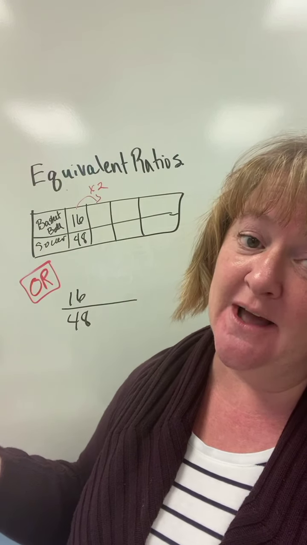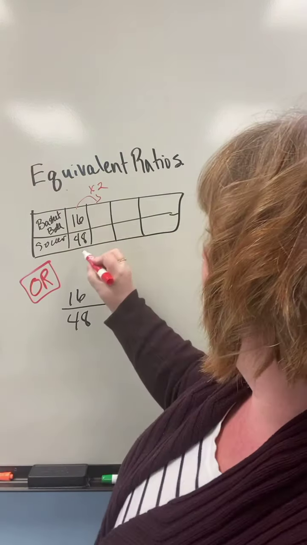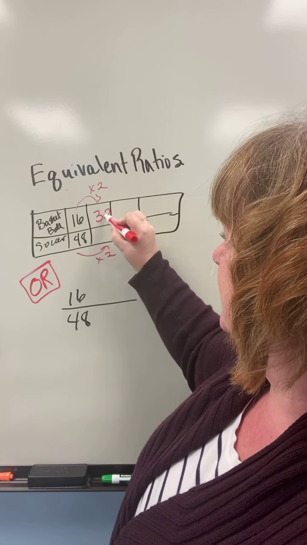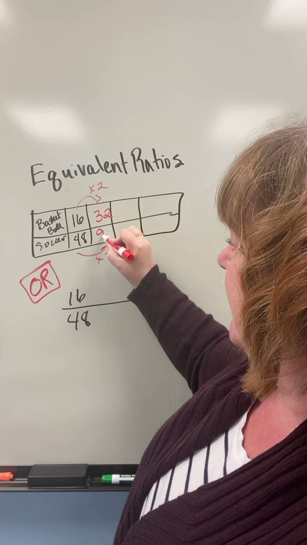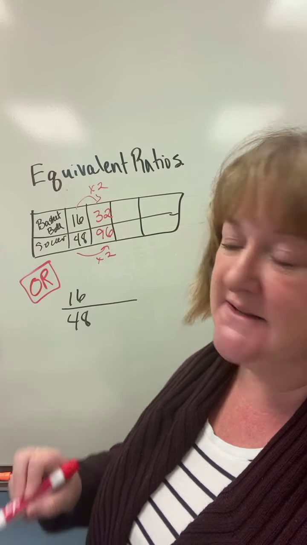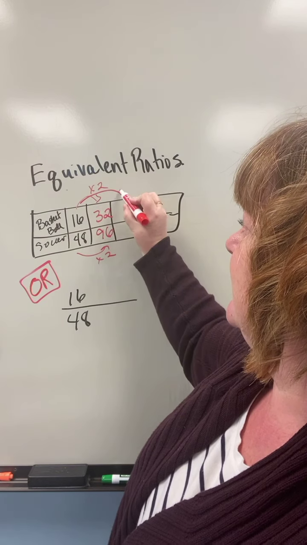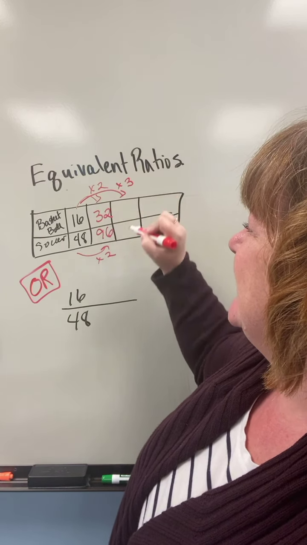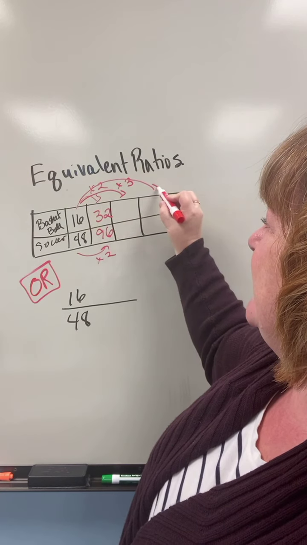If you do it to the top, you have to do it to the bottom. We would also multiply this by 2, and we would get 32, and we would get 96. Okay, can you guess what we'll multiply the next one by? Times 3 and times 4.